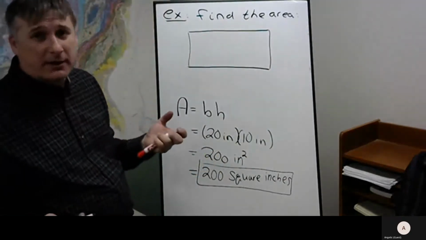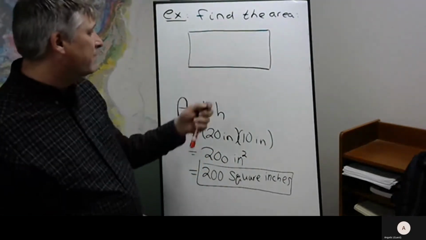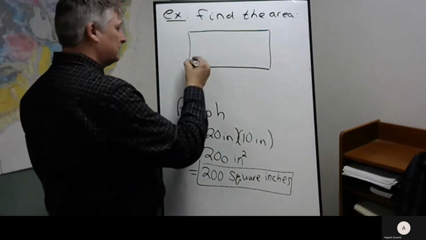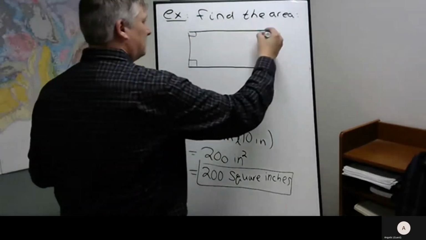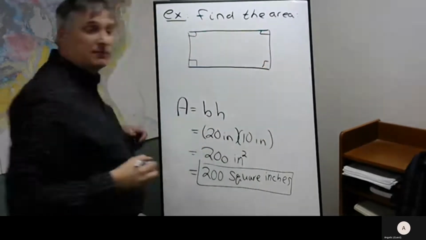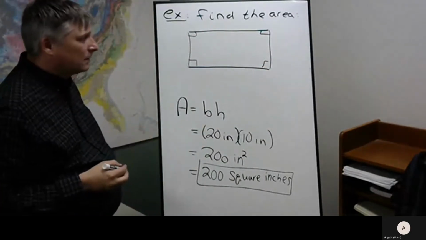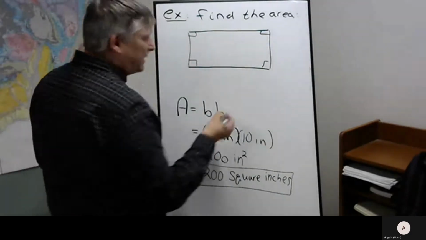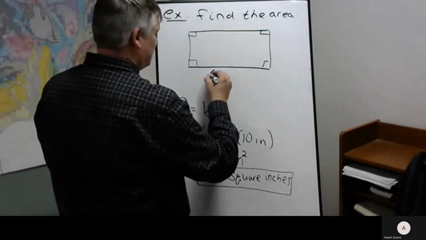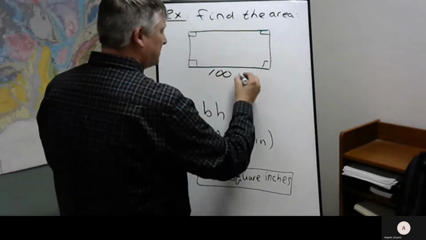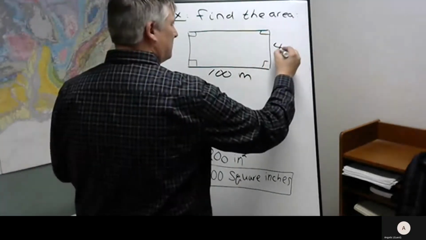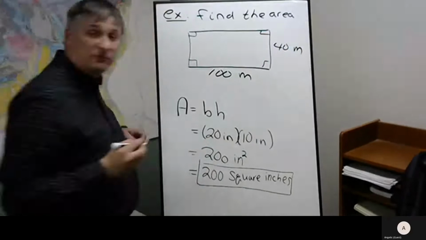It's also a parallelogram. These two are parallel and these two are parallel. The difference is with the rectangle, we've got those 90-degree angles. And again, this is a base times height. So let's say we have a base of 100 meters, and we have a height of about 40 meters.